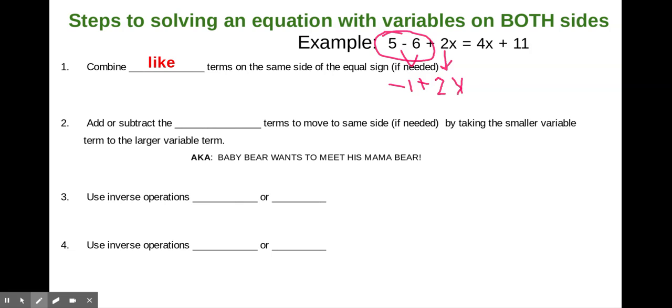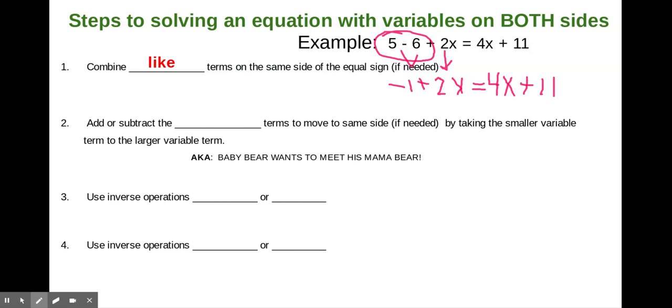And then over here on my right side, this 4x plus 11, well, I can't do anything with that. So then I just bring that down, 4x plus 11. Okay, so I have -1 plus 2x equals 4x plus 11. And then we're back to where we were yesterday. We don't have to do any other new information here.